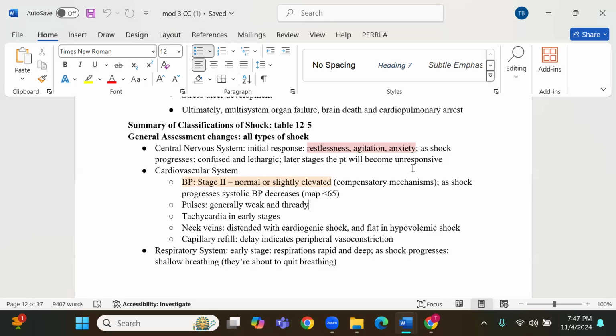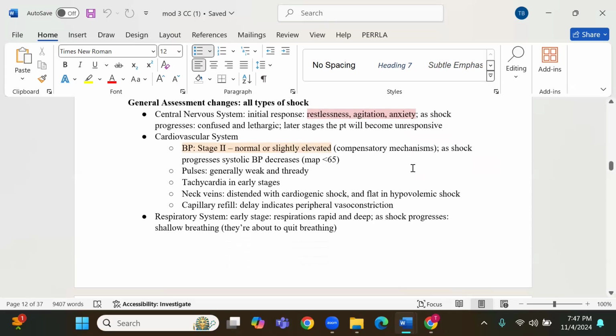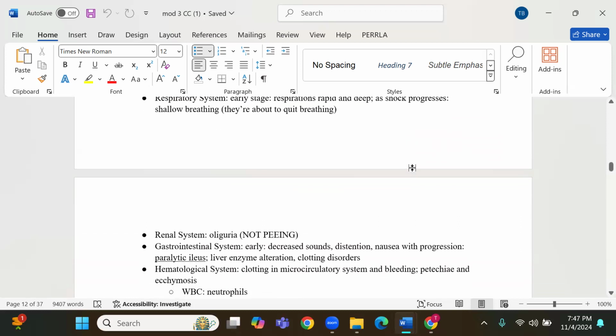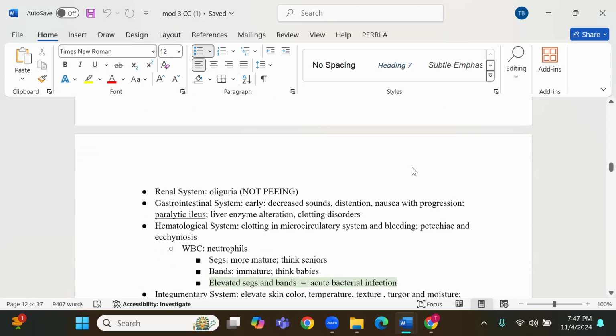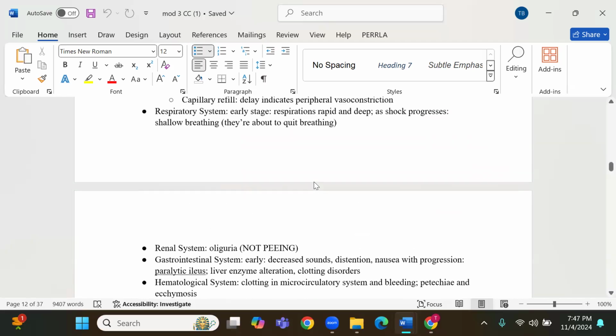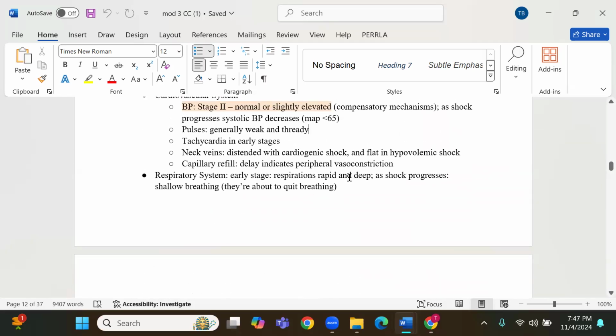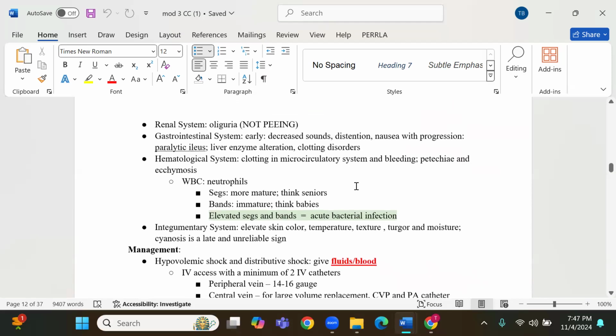Okay, so we just need to know that is what's happening. And in the renal system, they'll experience oliguria, which really means they're not peeing, right? One of the first indicators is urine output. And then let's look here, respiratory system, rapid and deep respirations as shock progresses.